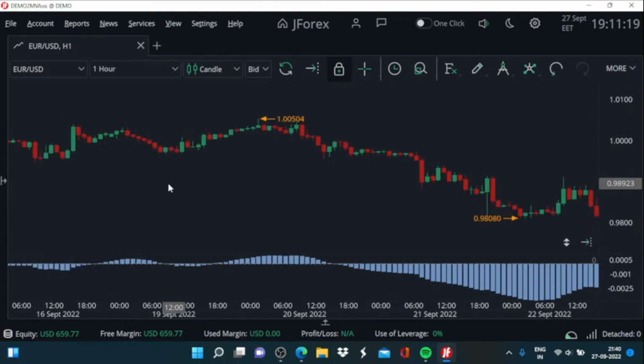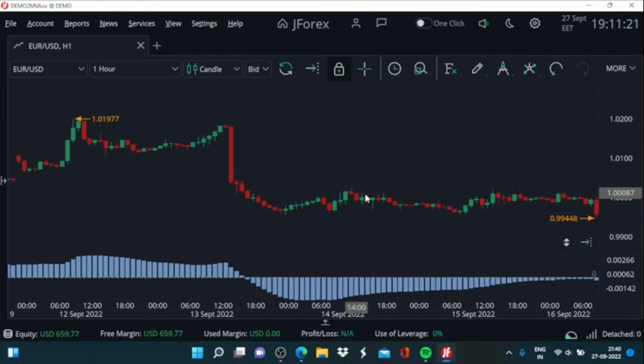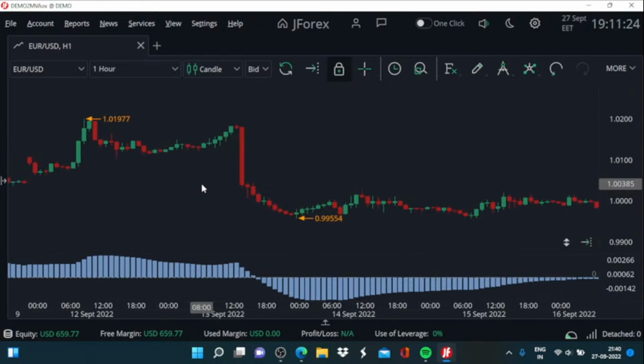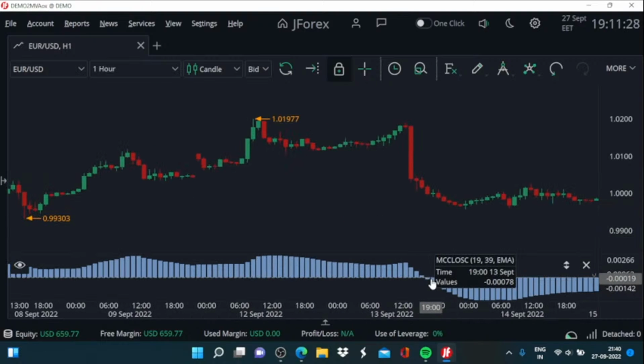For figuring out trading opportunities, you can utilize it in a similar manner to the way we use MACD, with its output value and 0 as a deciding factor.